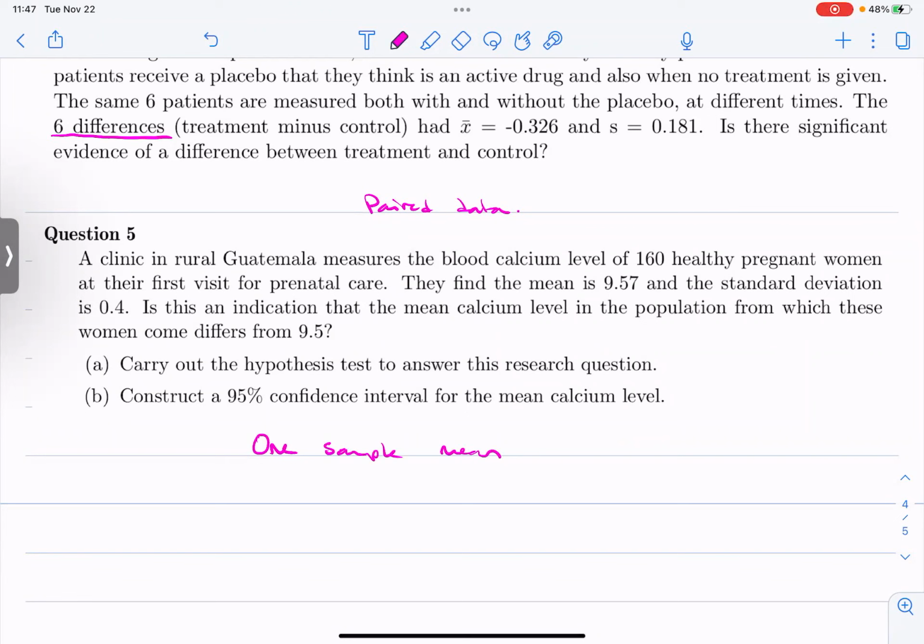And I want to compare that sample mean to 9.5, which means that my null hypothesis is that mu is equal to 9.5, right? Because I want to compare 9.57. Does it differ from 9.5, which means my alternative hypothesis is that mu is not equal to 9.5.